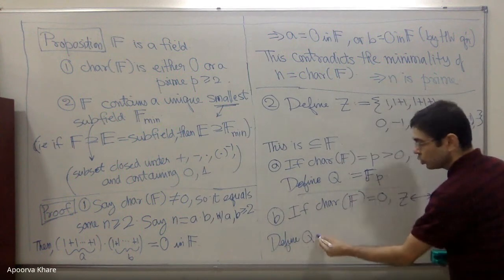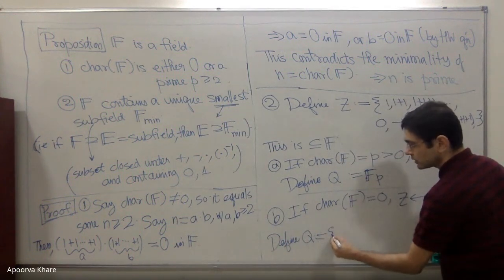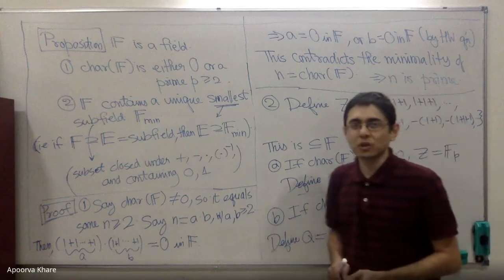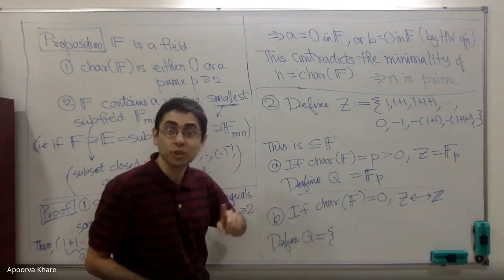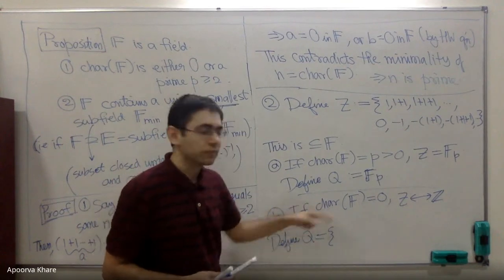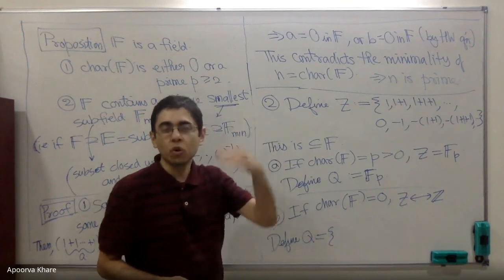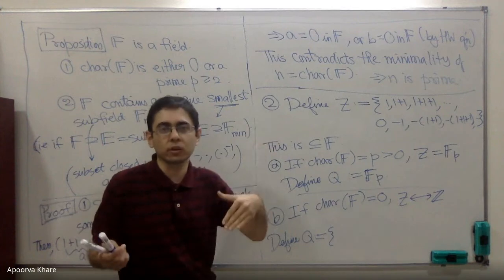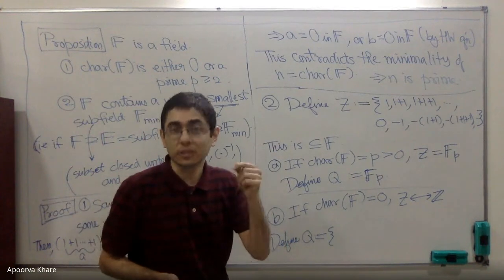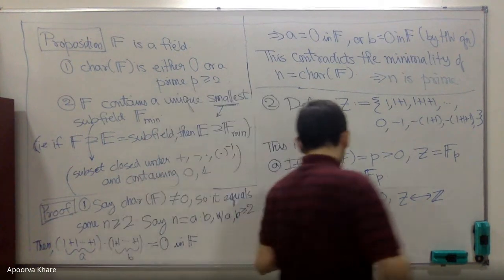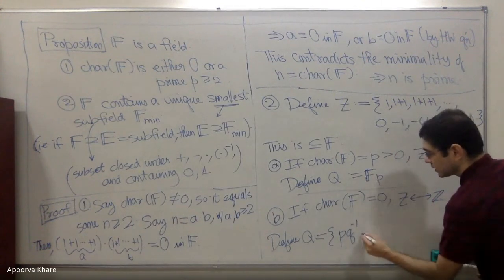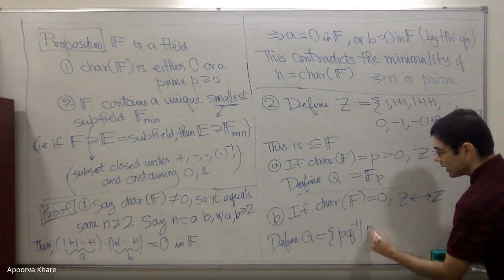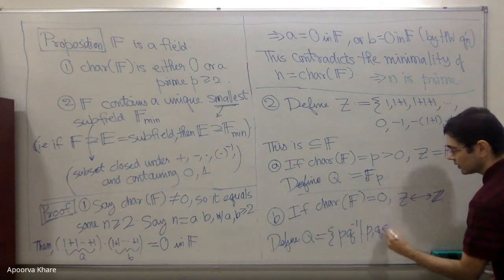Again, this time the Q will actually be like the rational numbers. And this is where you should recall I had asked you the description of the rational numbers. That's what we do here. Except I don't say p over q, because what is 1 over q? It is p times q reciprocal. That's what we write down: p q inverse such that p and q are in this Z set.